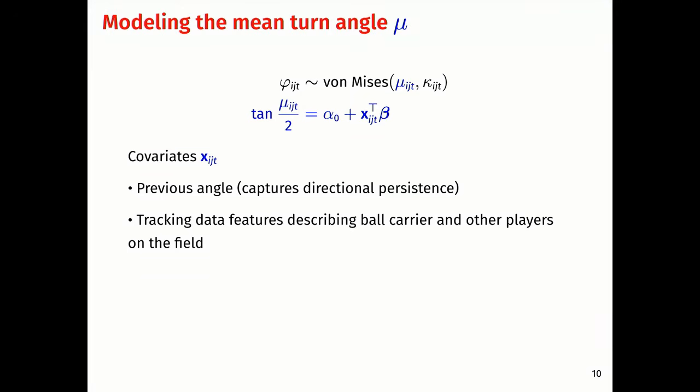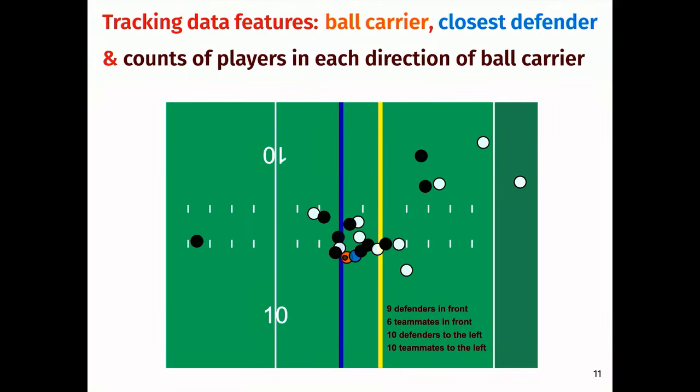To elaborate more on our features, here's a snapshot of a given frame in a play where the black circles represent the offense and the white circles are the defense. Here we construct different features describing the location and trajectory of the ball carrier in orange, with the ball right there, the closest defender to the ball carrier at this frame in blue, along with simple counts of other players on the field in each direction with respect to the ball carrier.